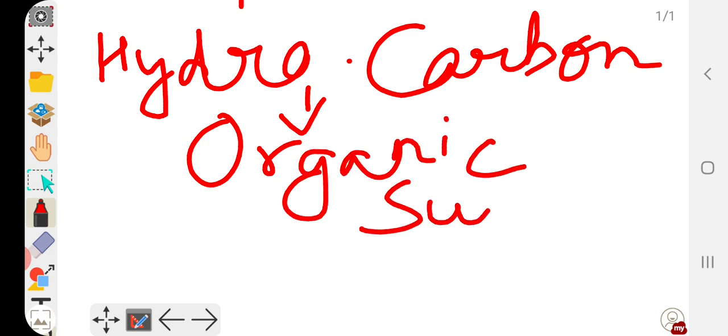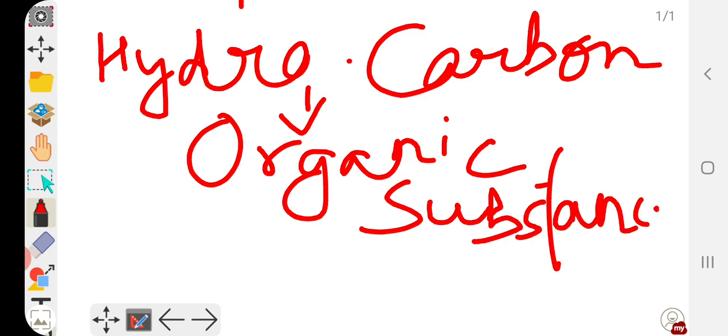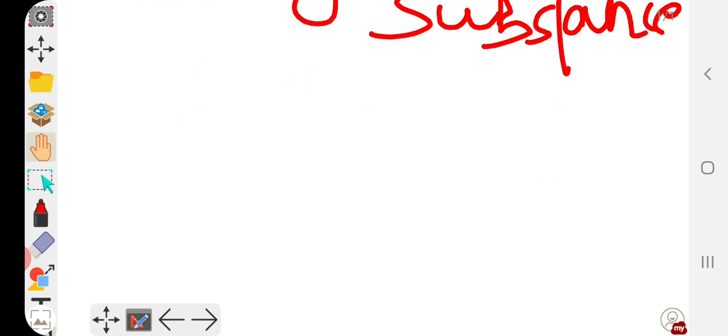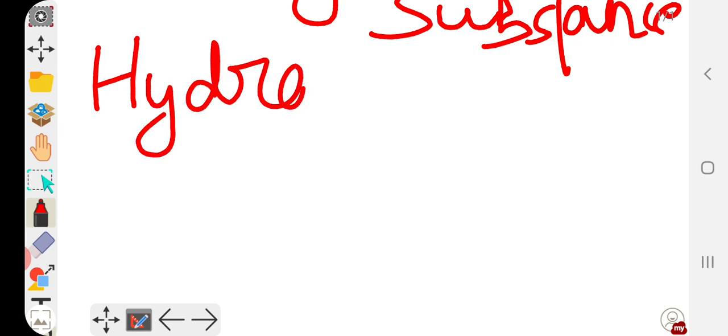Okay, and what does it constitute? It constitutes two very important things, that is hydrogen and carbon.